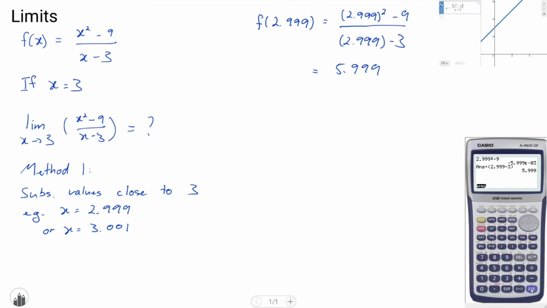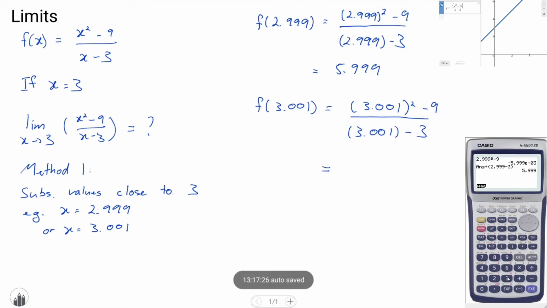What would happen if we substituted the other value? What would happen if we substituted f of 3.001? Well, that would be (3.001² − 9) / (3.001 − 3). And what would that do?